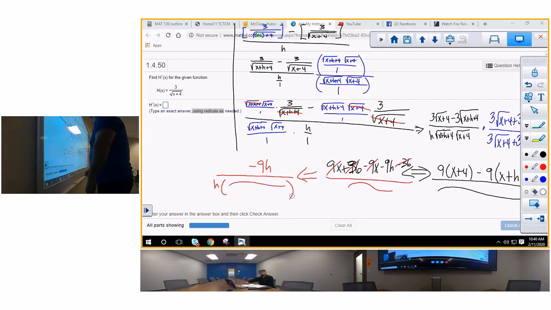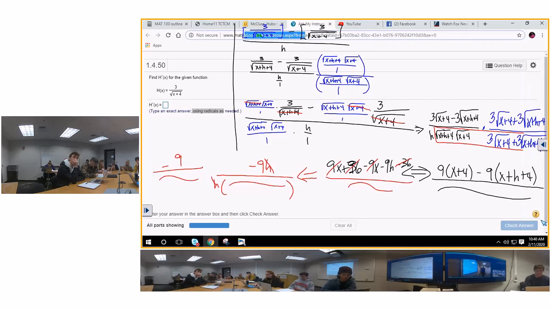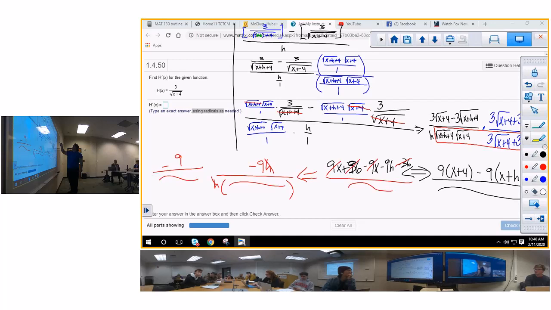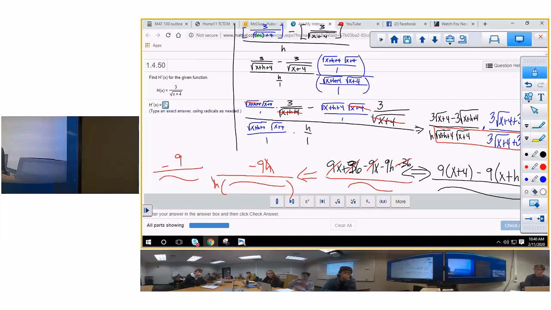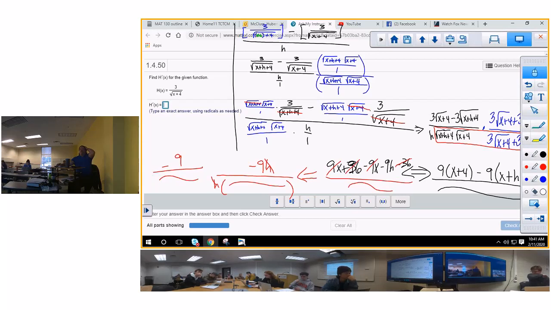And the h's cancel, and you're left with negative 9 over all that stuff, which is going to be this right in here. I think I carried it too far. I don't know if they want you to go that far or not. I'm just going to type in 3. I don't feel like typing all that in. That's a good homework problem, but it's not a good test problem because it's too long.